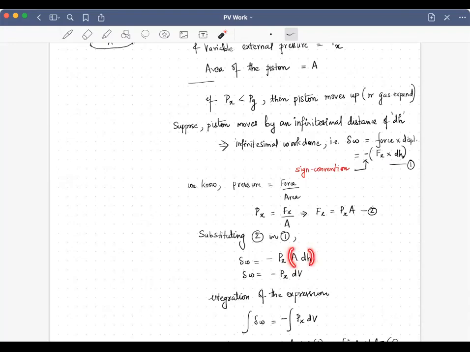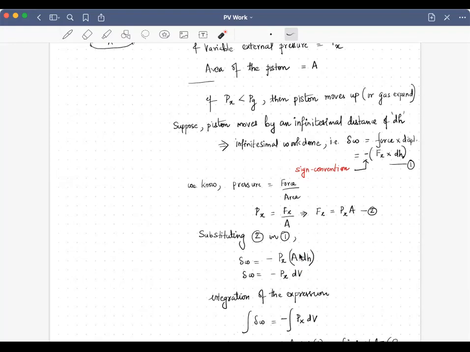A and dh I have put in square brackets, because area into height is nothing but volume. So A dh represents a small change in the volume, and that is why we can rewrite this expression as minus Px dV, the small change in the volume.